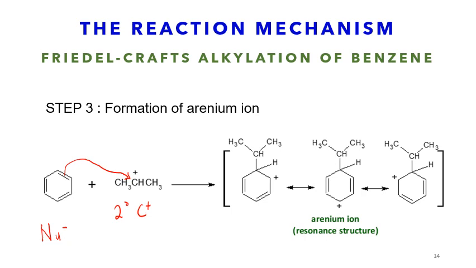This reaction will form an arenium ion. The arenium ion is less stable due to the positive charge on the carbon atom in the benzene ring. Thus, the pi electron in the benzene ring will delocalize in order to stabilize the positive carbon. This structure is called a resonance structure.